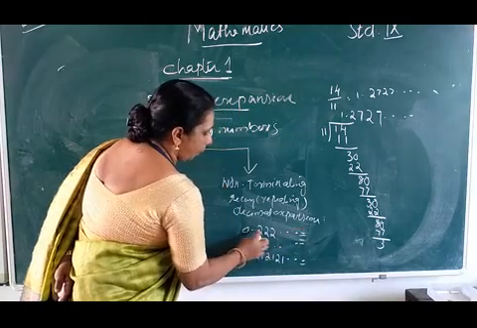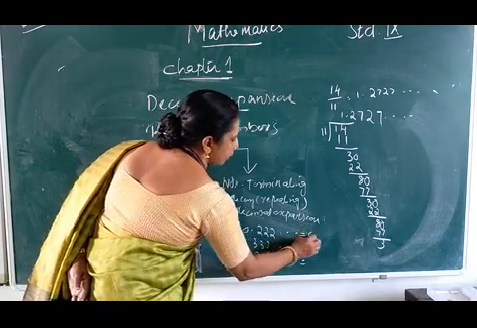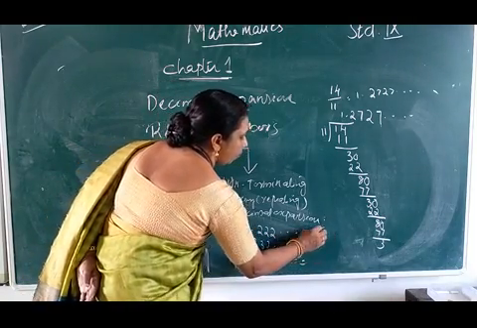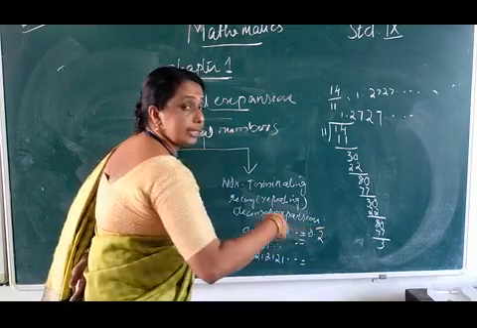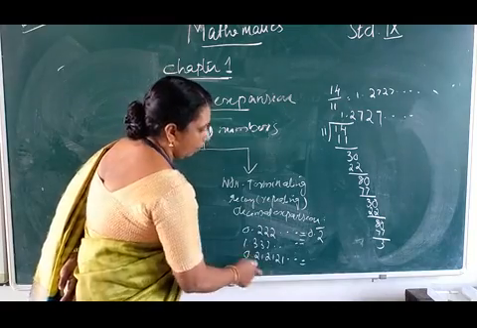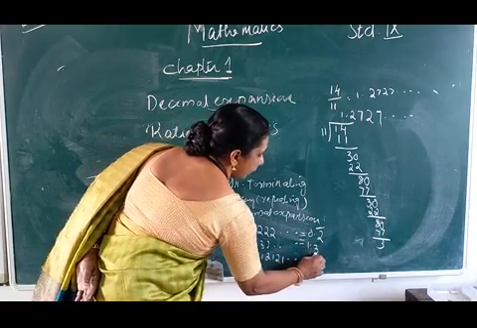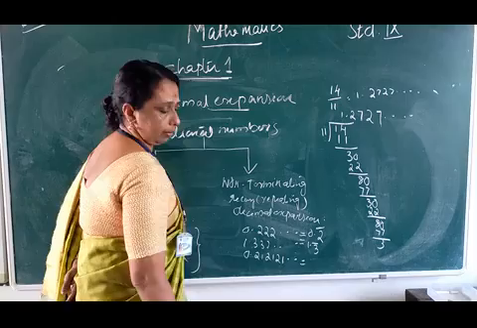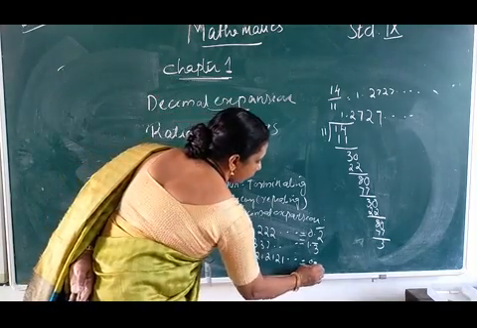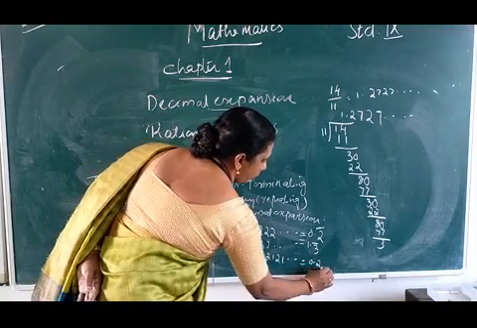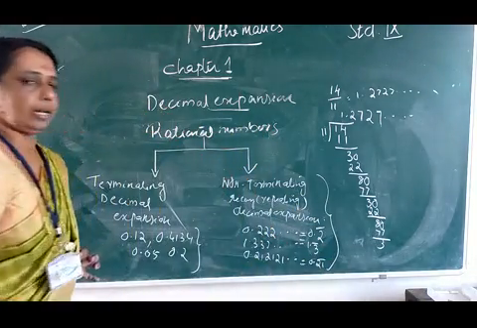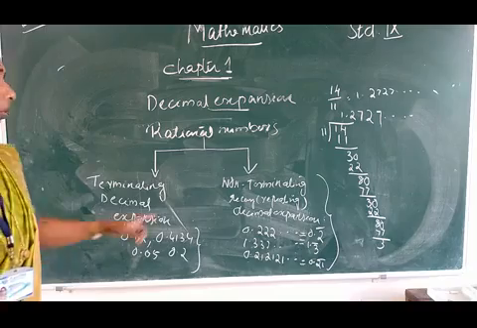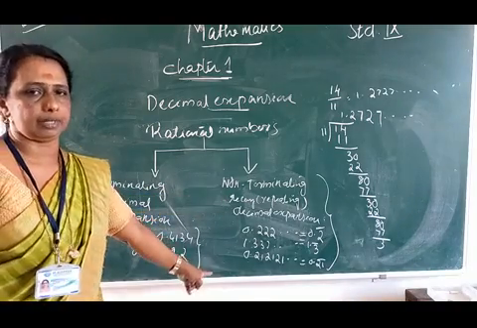That is, 0.222, etc. means 0.2 bar. The bar represents that the digit is repeating. Here only the 3 is repeated, so 3 bar. Here 2 digits are repeated, that is 21 bar. These are the examples of non-terminating recurring or non-terminating repeating decimal expansion.